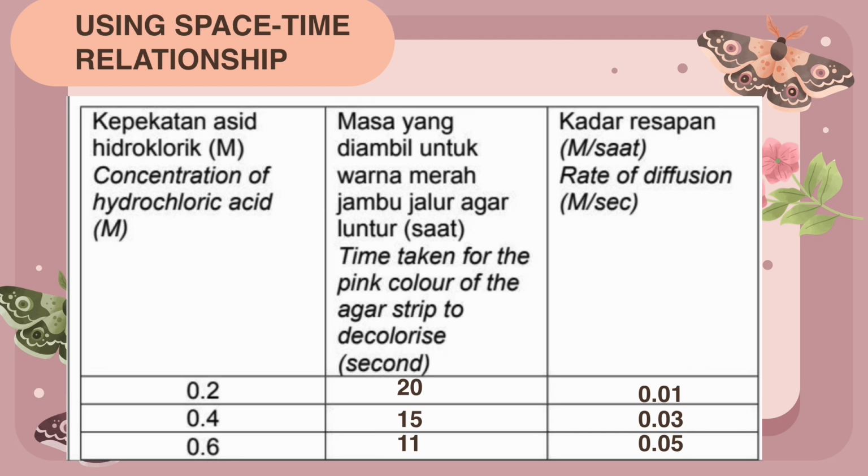For the example, we are going to use this table. Look at the table. We have the first column, concentration of hydrochloric acid, and the time taken for the pink color of the agar strip to decolorize for the second column, and the third column is the rate of diffusion.